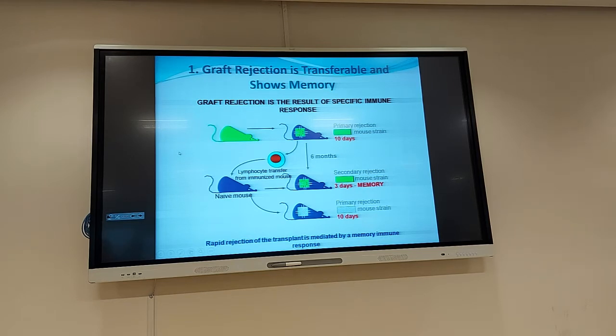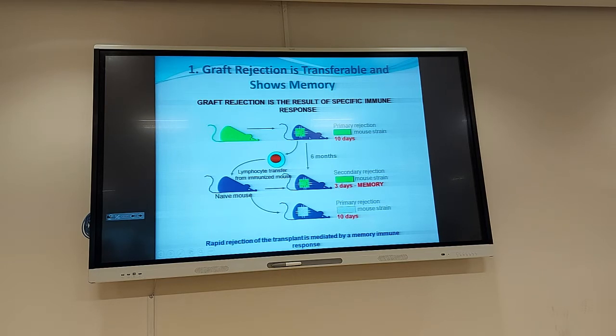And with having established these purebred strains of mice, they could then take out bits of tissue, particularly skin, from one strain and graft it onto the skin of a recipient mouse. So in this experiment here, you can see that you cut out a bit of skin from this green mouse and you transplant it onto the recipient purple mouse.